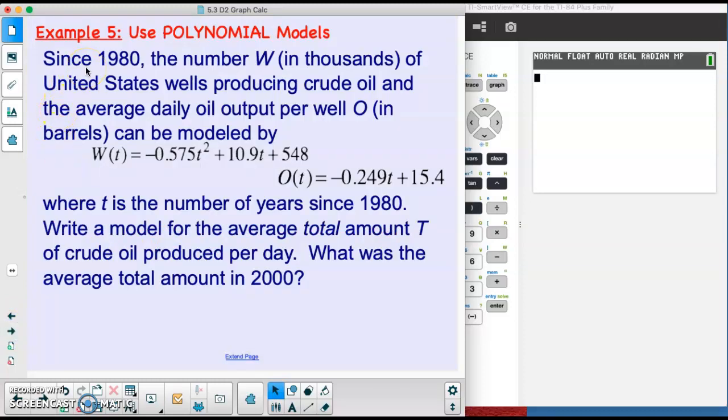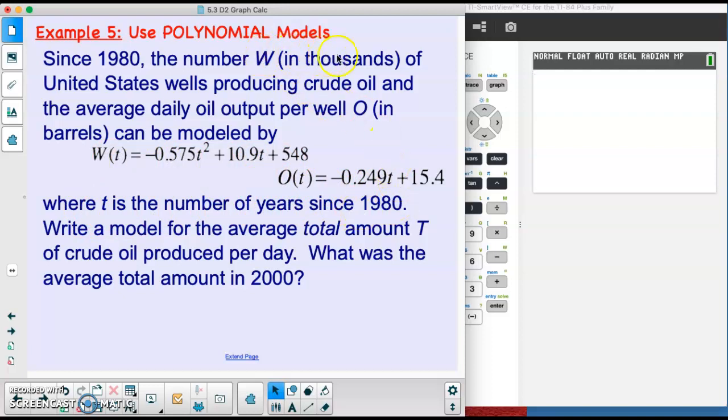Here's our example. Since 1980, the number W in thousands of United States wells producing crude oil and the average daily output per well, O, in barrels, can be modeled by W of t and O of t, where t is the number of years since 1980.